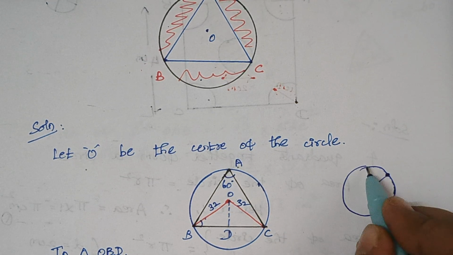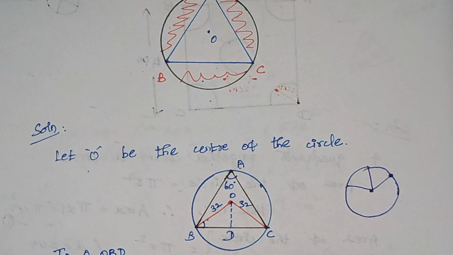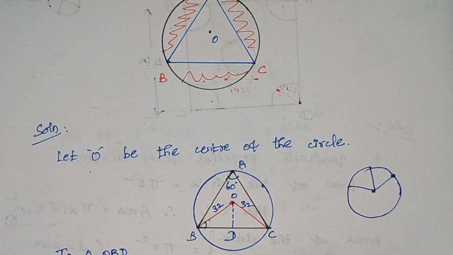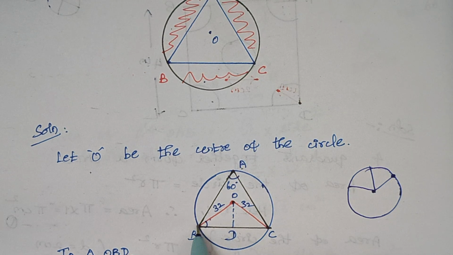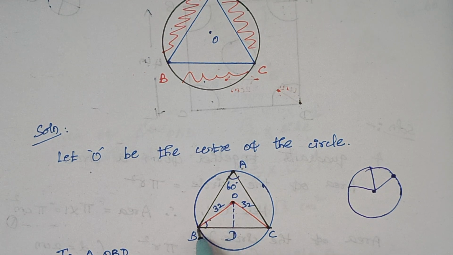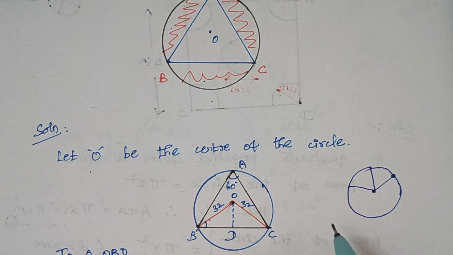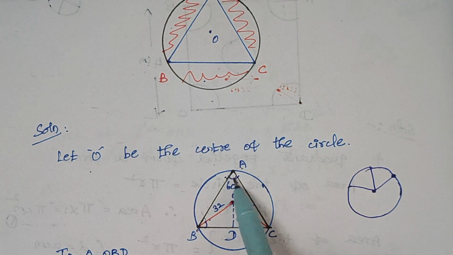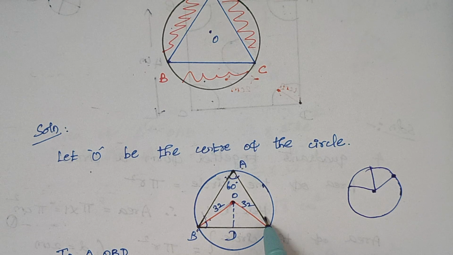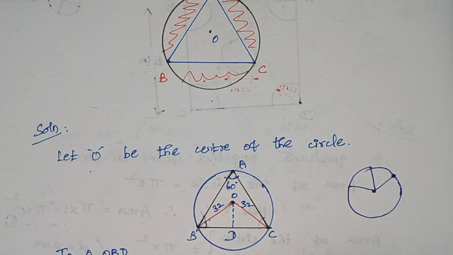So this is a radius, this is a radius, and this is a radius. From the center to the circumference of the circle, it is known as the radius. Therefore the length of this line is 32 and again this is 32. Another concept regarding an equilateral triangle is that all the angles are 60 degrees. Here it is 60, here it is 60, and angle C is also 60.